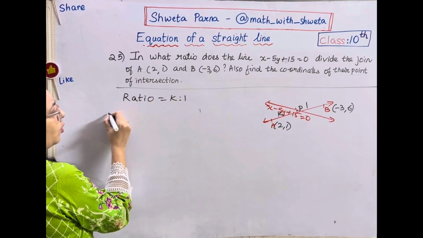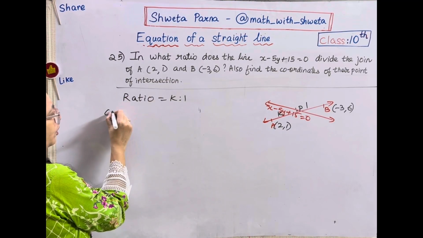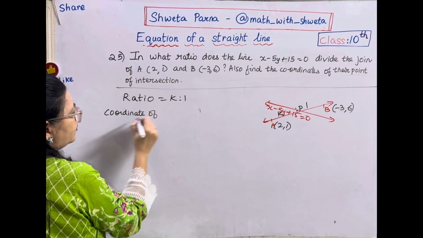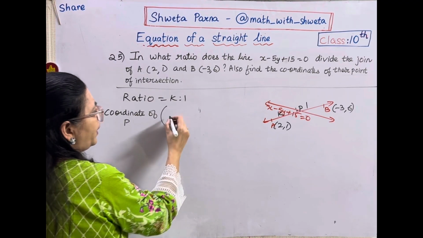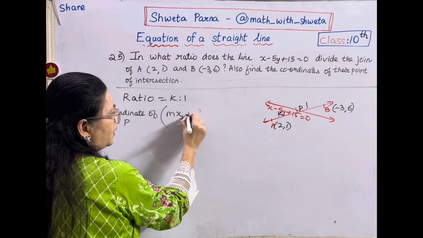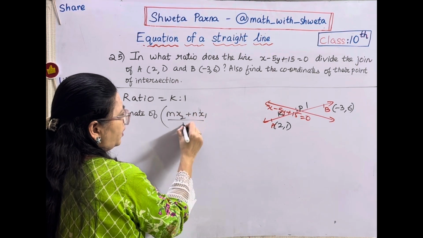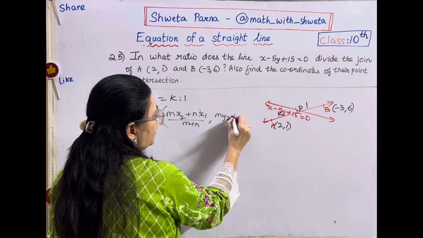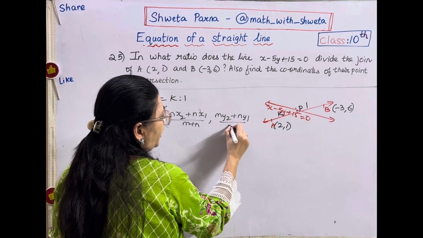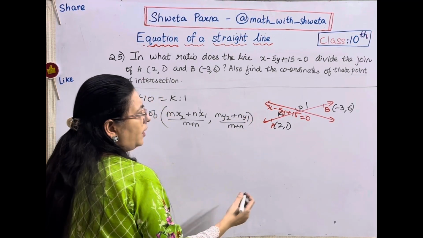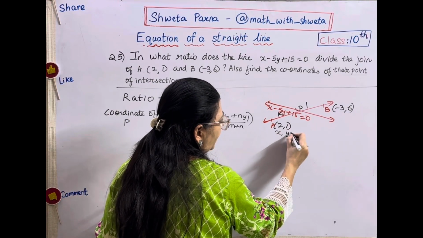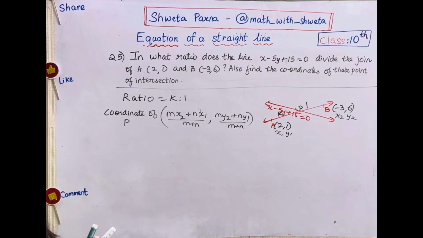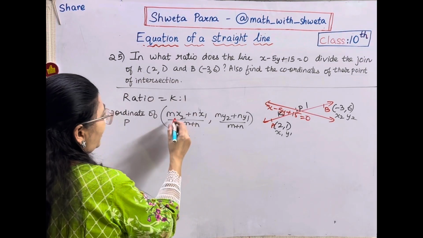Let this point be P where it divides. So coordinates of point P, using the section formula, would be mx2 plus nx1 upon m plus n and my2 plus ny1 upon m plus n. Let this be x1 y1, this be x2 y2. Okay, let's use the method. What is m and n over here?